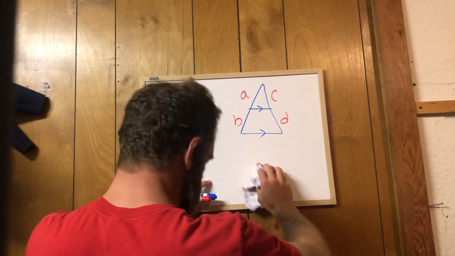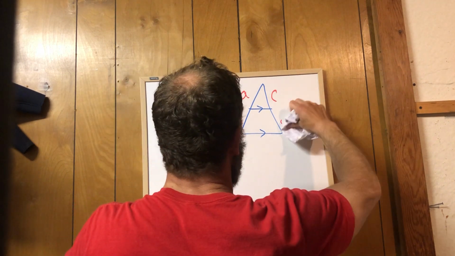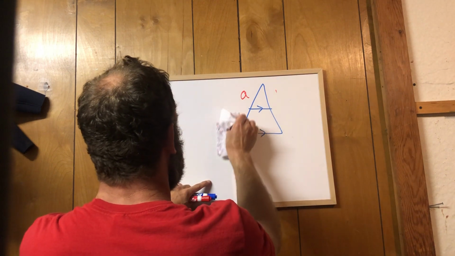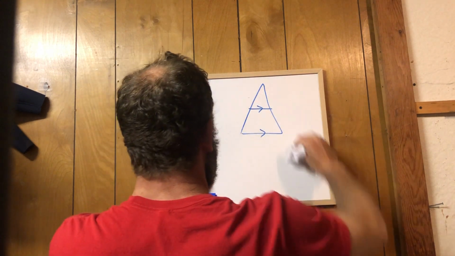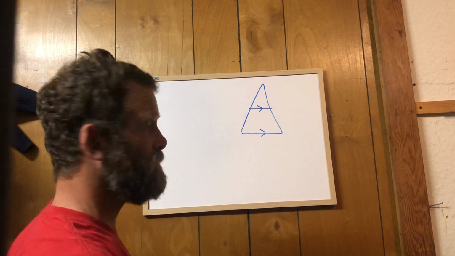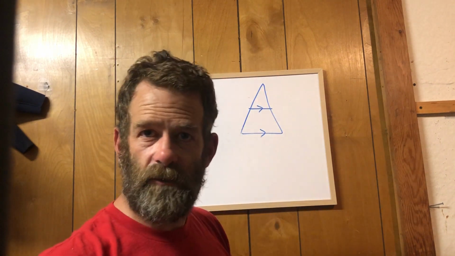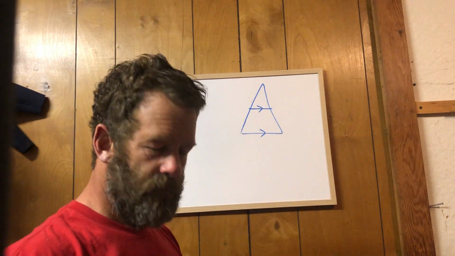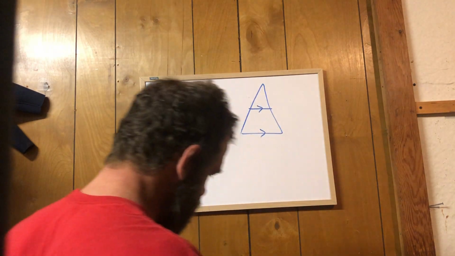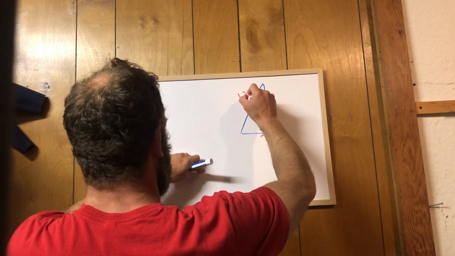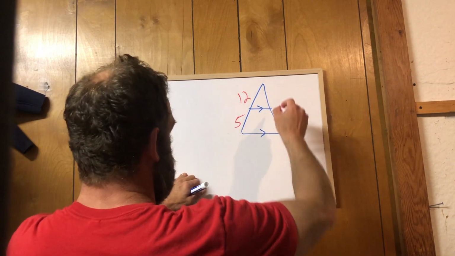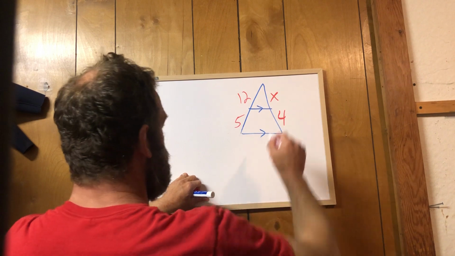I give you a triangle where you have two parallel lines. Now, since you have these two parallel lines, you can assume that these two triangles are similar. And if these two triangles are similar, you can assume that A over B equals C over D. Now, that's important because if you're trying to solve, this is 12, this is 5 in the example with the notes that you should have printed up or should be looking at right now, and this is X and this is 4.